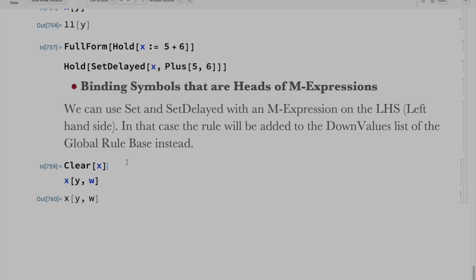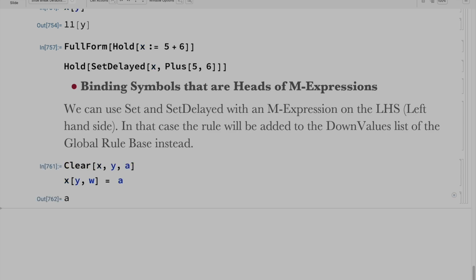So whenever it's on the left-hand side of a set, I'm trying to apply a rule to it, I'm trying to bind it to something. So let's say I bind it to a. Actually, let me clear both y and a, just to make sure that they are not defined previously, right?